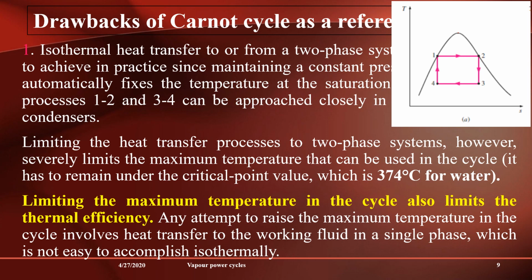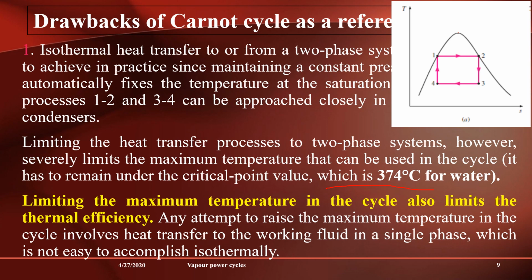So the limit is always here, the critical temperature, which is 374 degrees Celsius for water. That is the maximum possible temperature. By limiting this maximum temperature, the thermal efficiency is also limited, because we have the equation 1 minus TL by TH. So high temperature is limited, which means the efficiency is also limited.